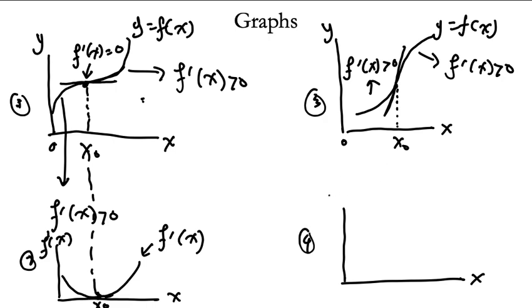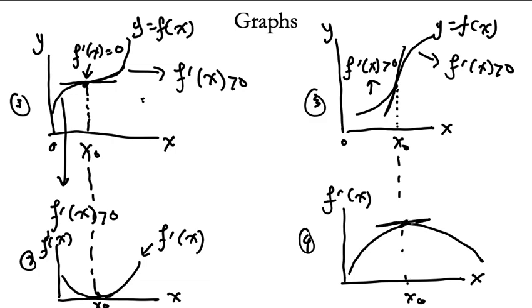So you have f prime x here and x. Then you can see this is happening. So the graph looks like this. Okay, so if you look here at x naught, if you draw a tangent line, it becomes flat.